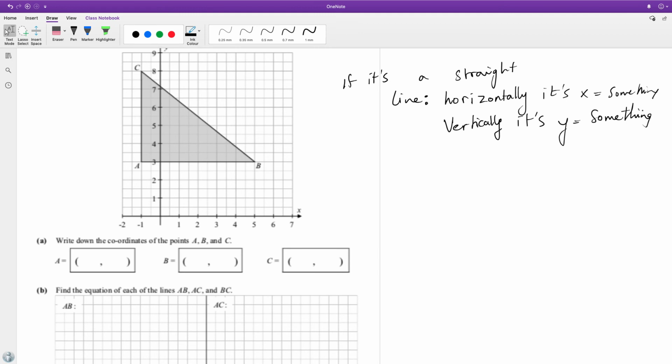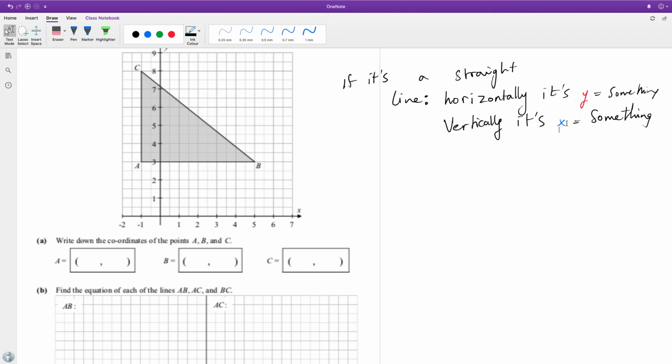So, when it's a straight line up and down, like this, sorry, that should be the other way around. Apologies, guys. My own fault. When it's horizontally going across like this, it should be y. And when it's vertically going up and down, it should be x.